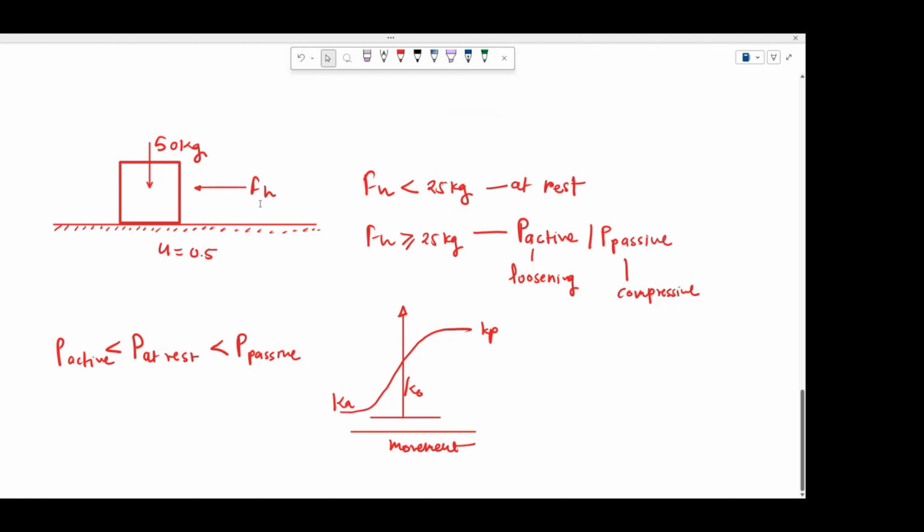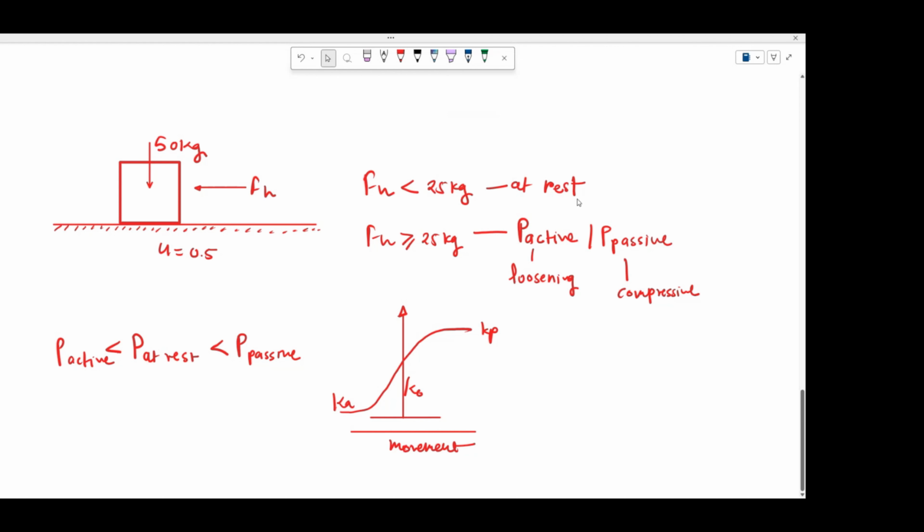The horizontal force required to move this block from its initial position will be mu into the vertical normal force, that is 0.5 into 50, which is 25 kgs. Now, if you apply a force less than 25 kgs, your block will remain at rest.